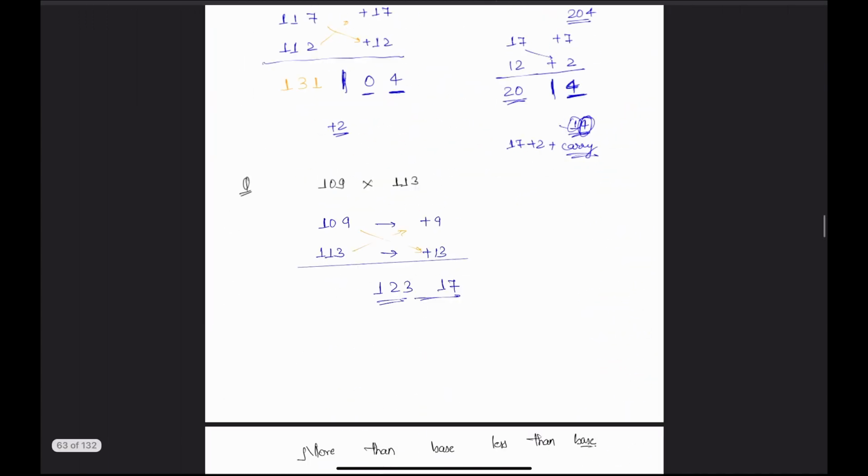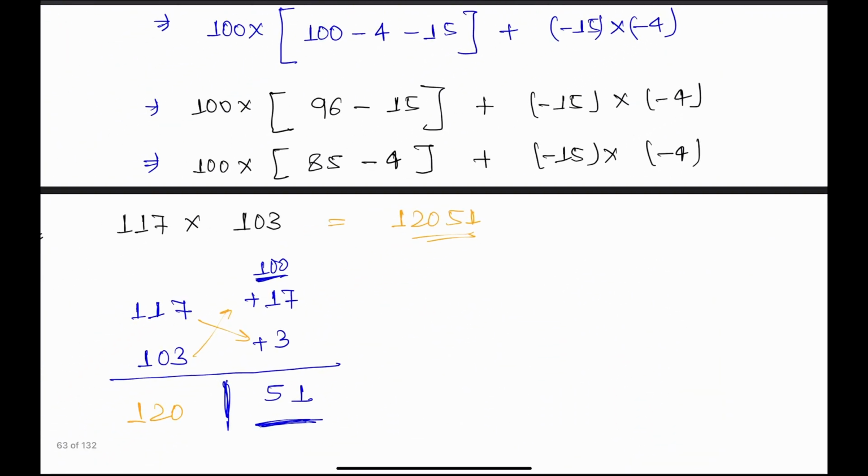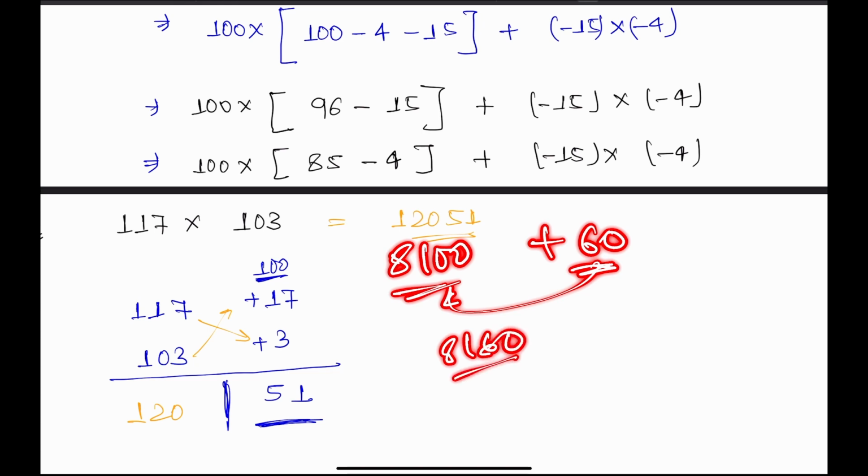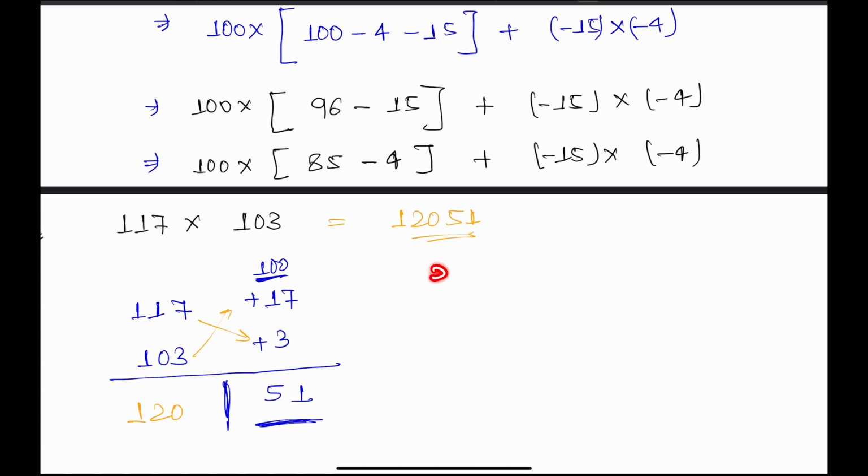If we just go over the same derivation, here both are plus. Minus 15 minus 4 is plus 60. So we are doing nothing. Whatever is coming over here, 8100 plus 60, 8160. Great, done. But suppose it is a condition 8100, and instead of making it plus, if it is minus 60, we cannot do it as 8160.